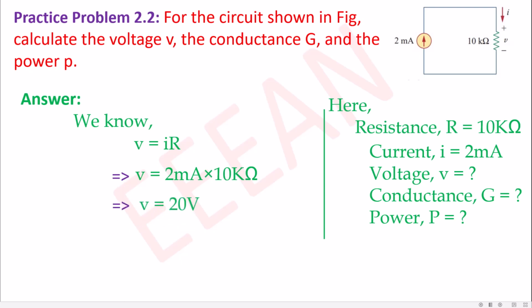Here milliampere multiplied by kilo ohm gives volt, because milliampere is 10 inverse 3 multiplied with kilo ohm, 10 cube, then they vanish each other, and the final result is volt.